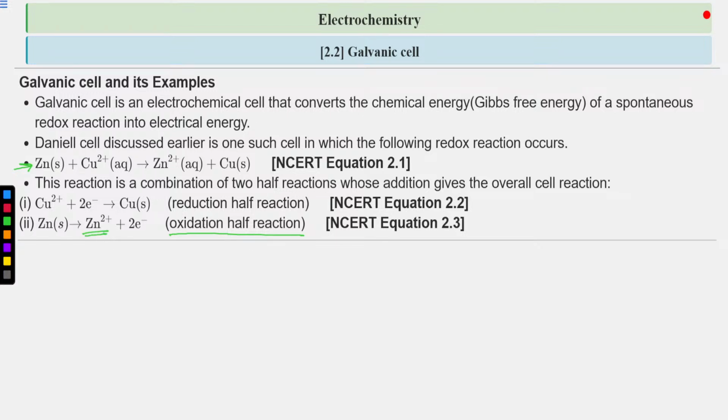Zinc in the neutral state is converting to zinc 2 positive, and this is the oxidation half reaction. This is the reduction half reaction. The oxidation half reaction here is NCERT equation 2.3, and when you combine these two half reactions, you get the overall cell reaction, which is NCERT equation 2.1.